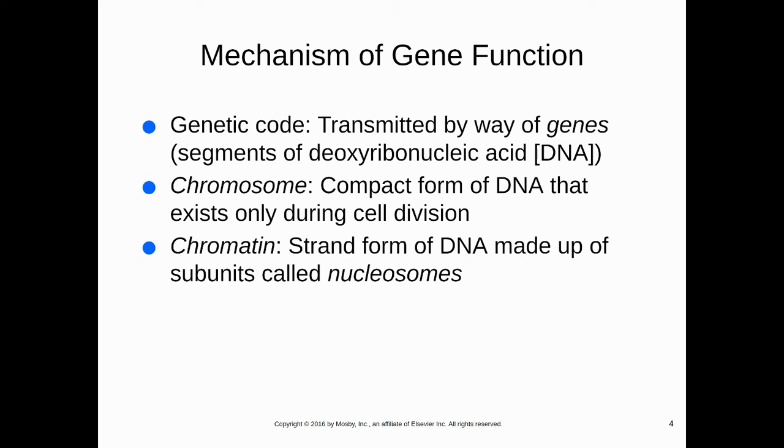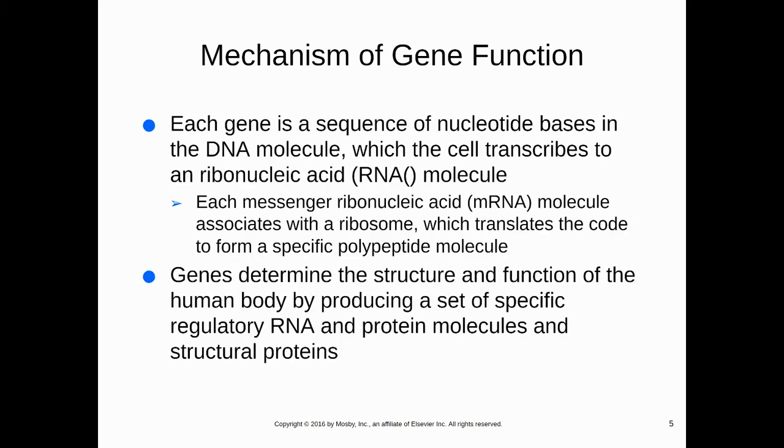So this is when we're able to best get a look at what our chromosomes are supposed to look like. And then chromatin is a form of DNA that's made up of subunits called nucleosomes. Again, that's basically how we move our genes from one cell to the next. Each gene is a sequence of nucleotide bases in a DNA molecule, and those get transcribed into an RNA molecule.